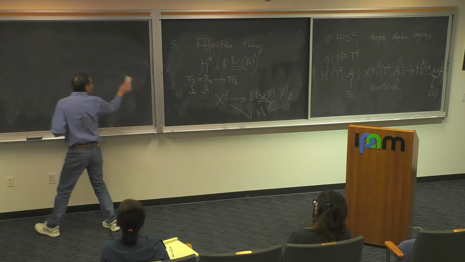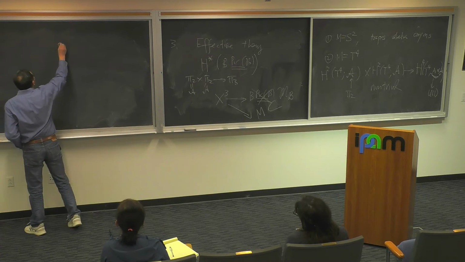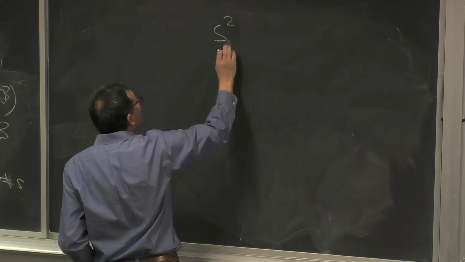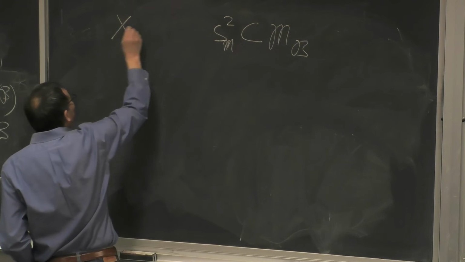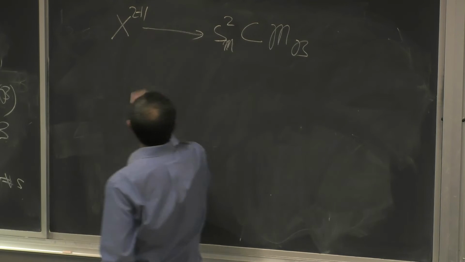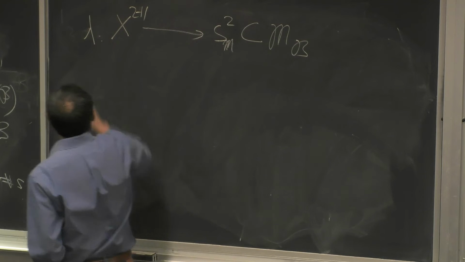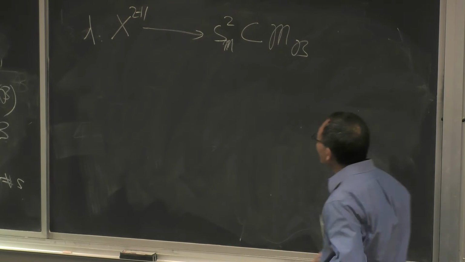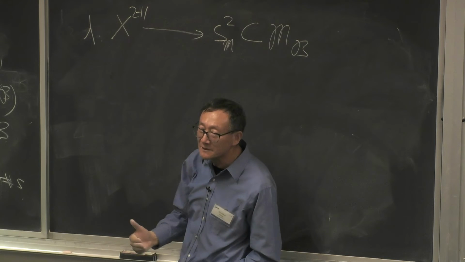So we have a two-sphere inside the whole moduli space. And I have a 2+1 space-time manifold. And I have a map. The physical term is that I now want to think of this as a background field of a field theory.